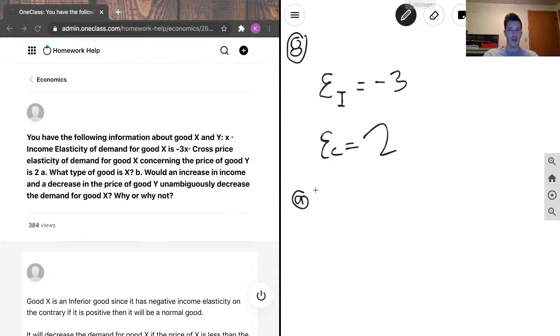Yeah, our tutor Janine has said what I'm thinking, that good X is an inferior good because the income elasticity is negative. So an inferior good is a good that as your income increases, you consume less of it, which seems kind of counterintuitive at first. Think of me, I ate a ton of Mr. Noodles in college.